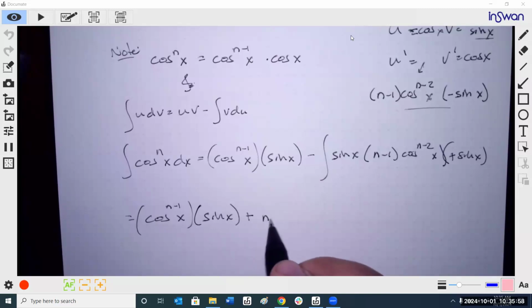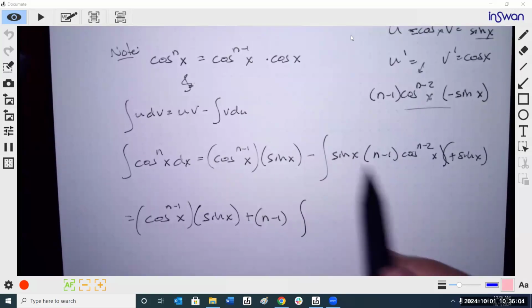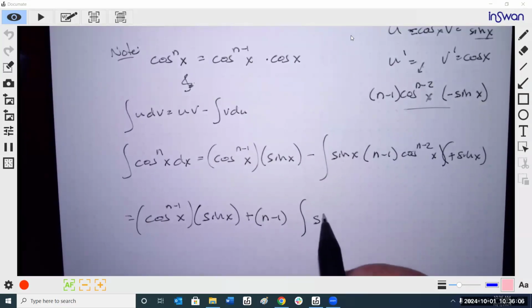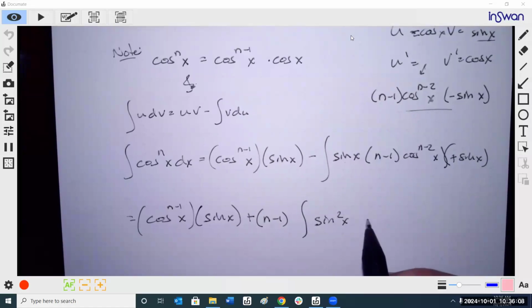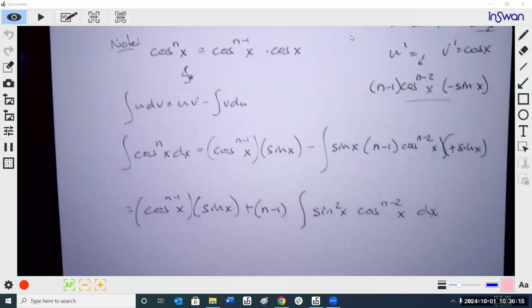The n minus 1 can come out in front. So we have sine x times sine x, which is sine squared x, times cosine n minus 2 x dx.